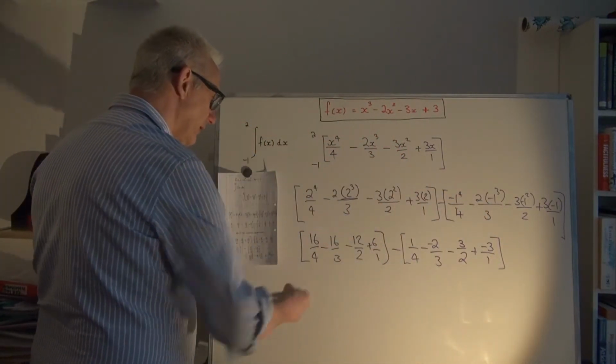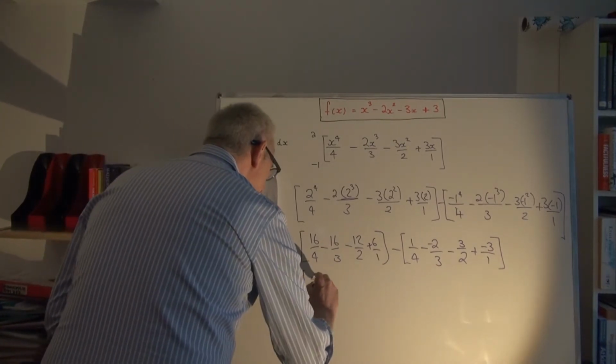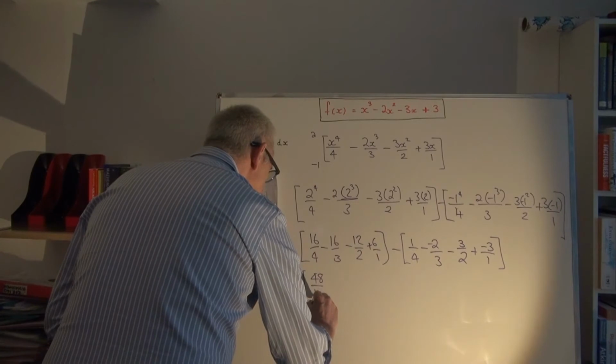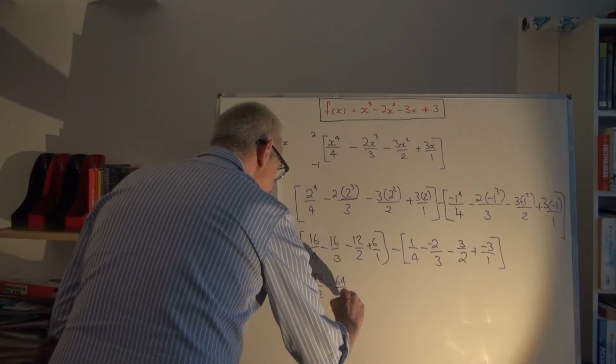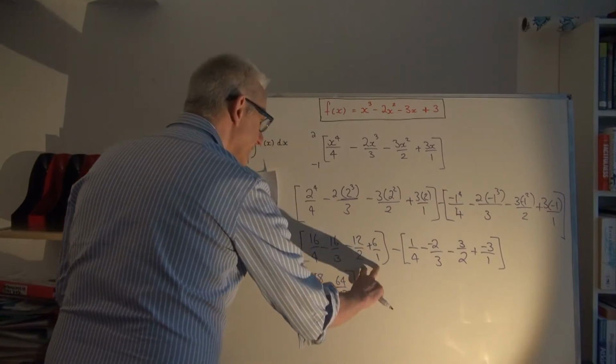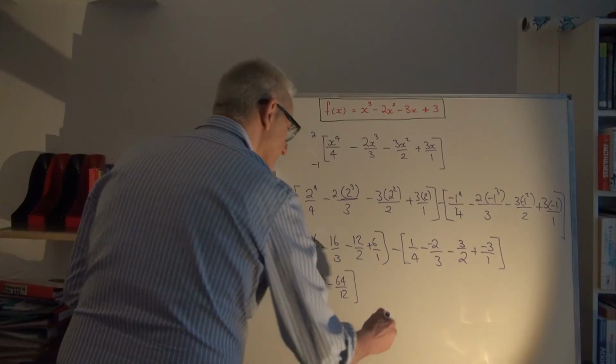We can choose a common denominator here and go 48 over 12 minus 64 over 12. We can stop there because these two cancel out. Minus 12 over 2 plus 6 over 1.